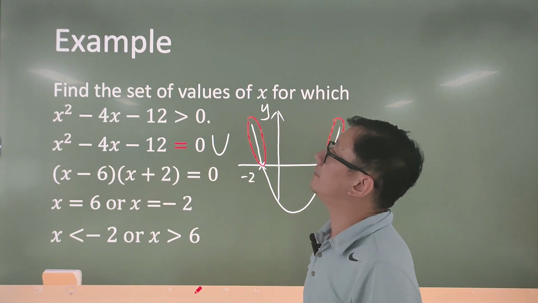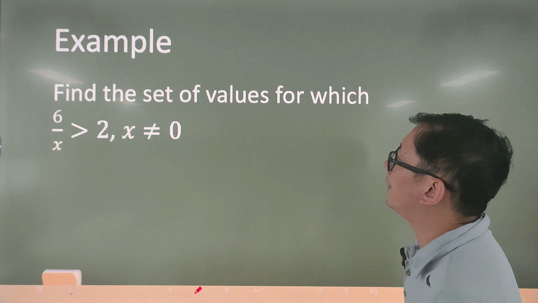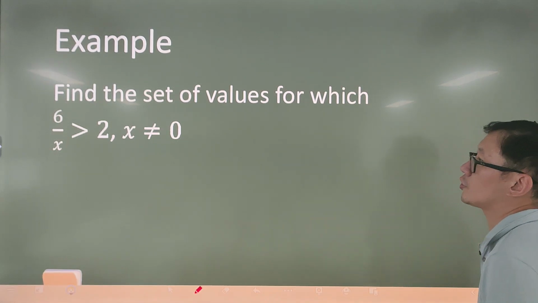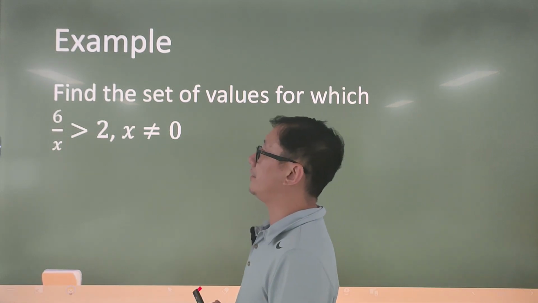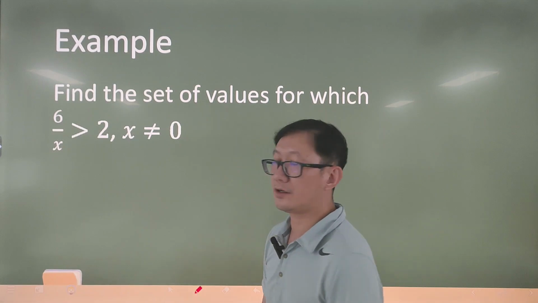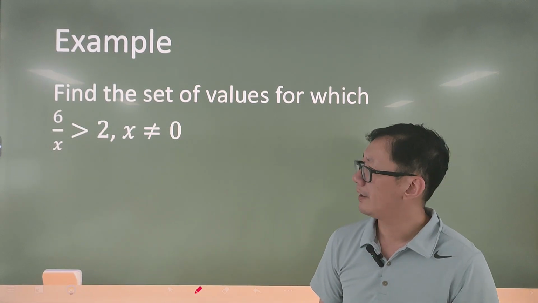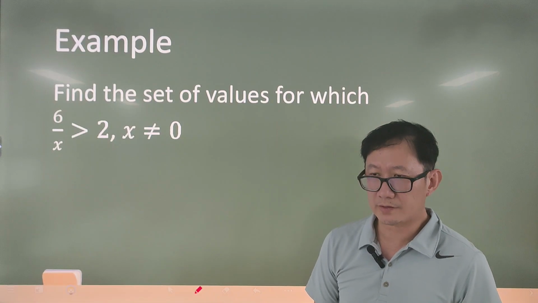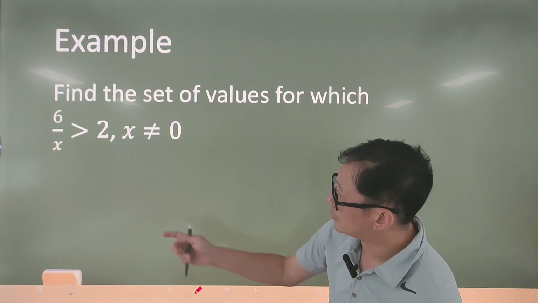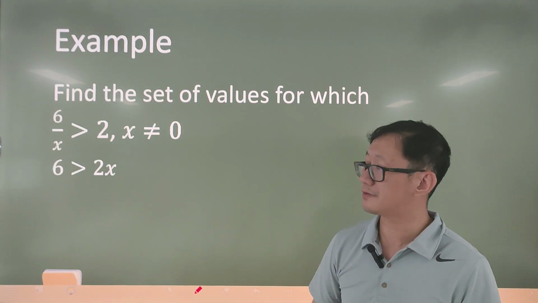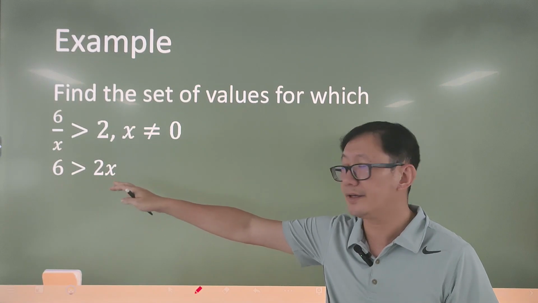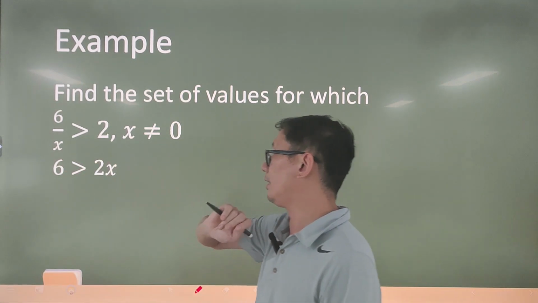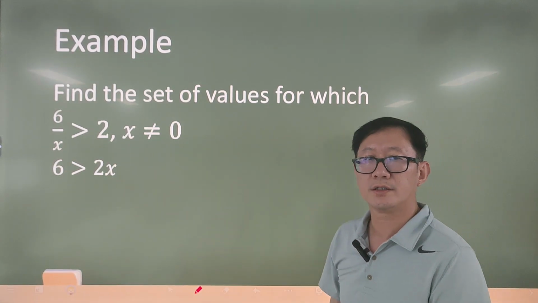Okay, let's look at another example. Find the set of values for which 6 over x is greater than 2. Okay, x is obviously not 0. Now, it might be quite natural to just multiply both sides of the equation by x, and then you get 6 is greater than 2x.